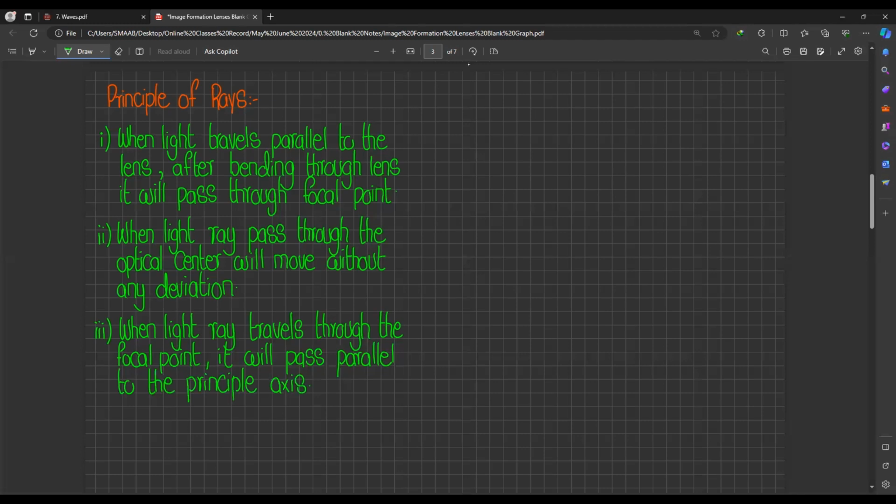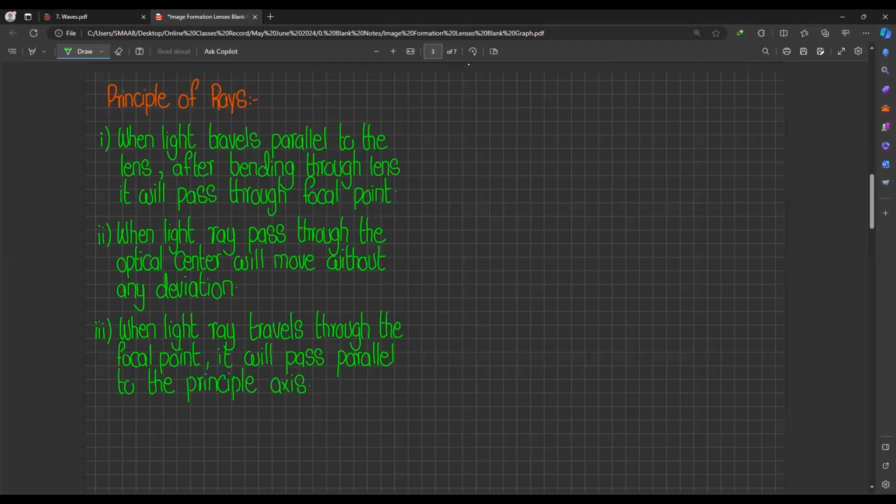So these are three basic principles that we mark in the diagram and that we also discuss with description. So always remember these points whenever you are going to solve any type of case related to the convex lens, right? So let's suppose if we consider the cases of the convex lens.